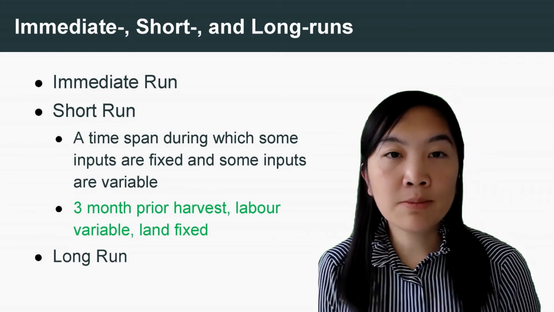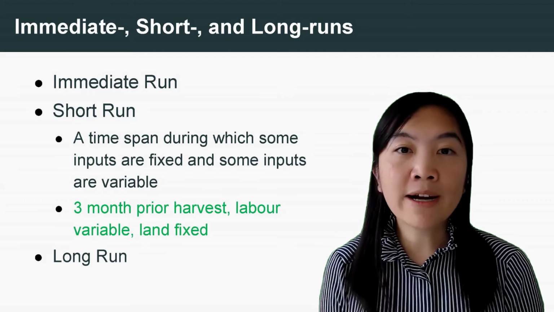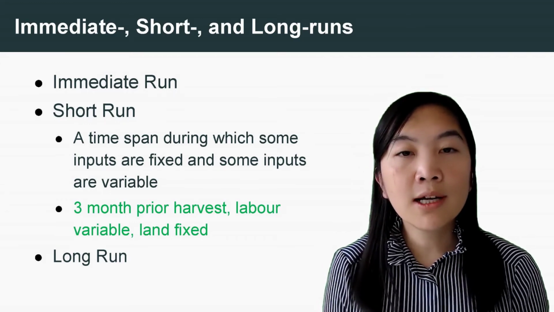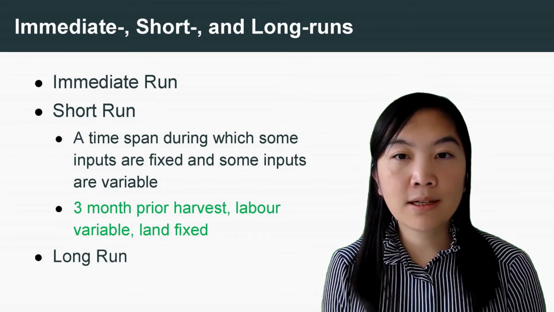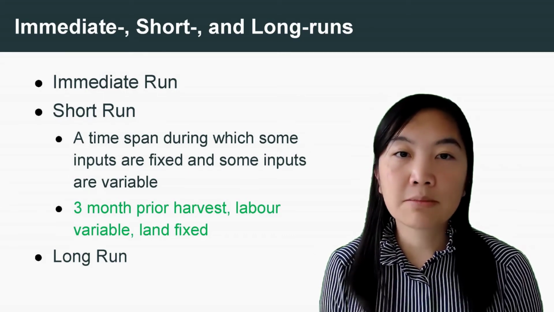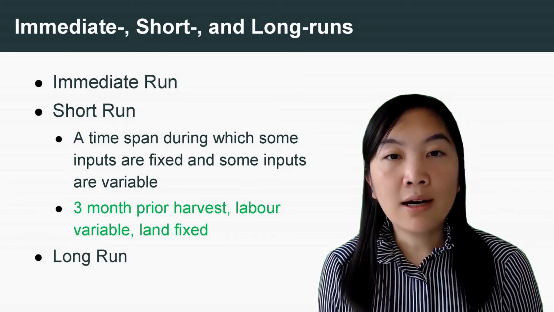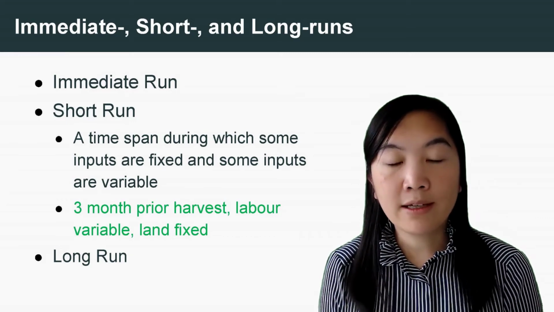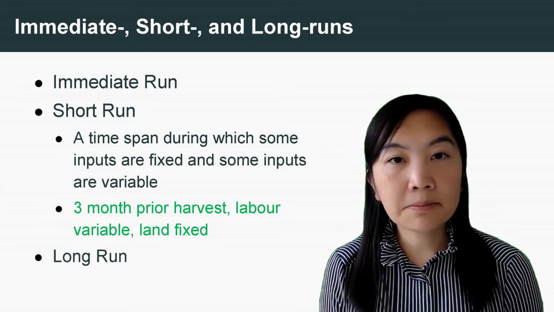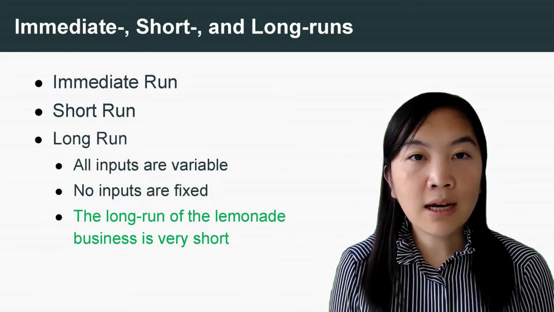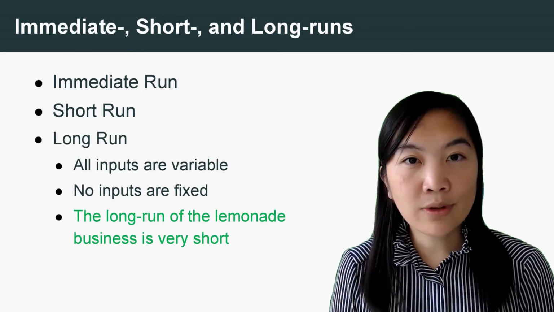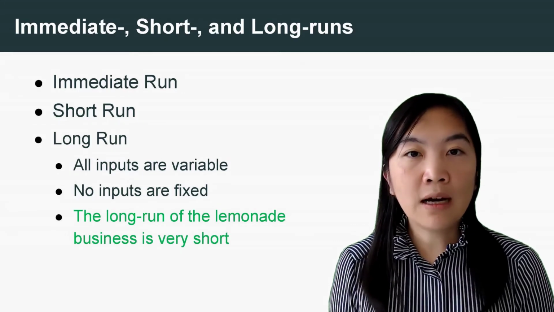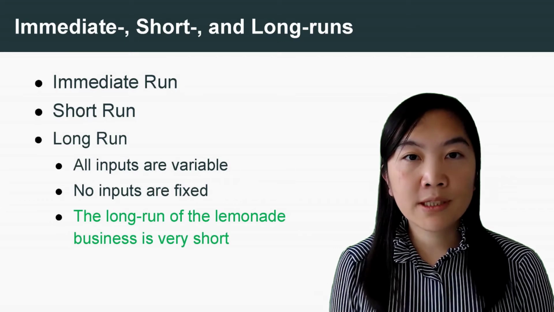The example here will be 3 months prior to harvest. The labor will be variable, the land is fixed, and the nitrogen is probably also fixed because you have already finished applying the fertilizers. The long run is the other extreme, where all the inputs are variable, no inputs are fixed.